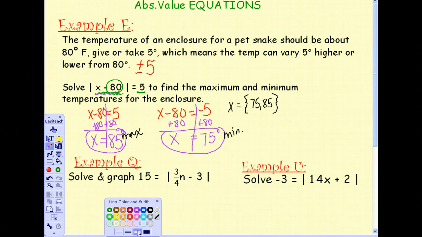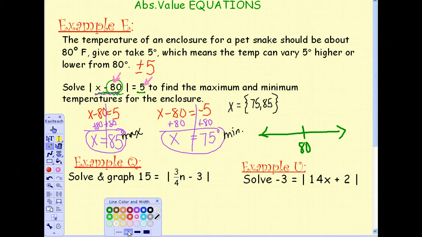If we graph these on a number line, 80 will be our middle number, just like we said up here in our general equation, x minus 80 is the middle, and our distance that we're going both directions is 5.